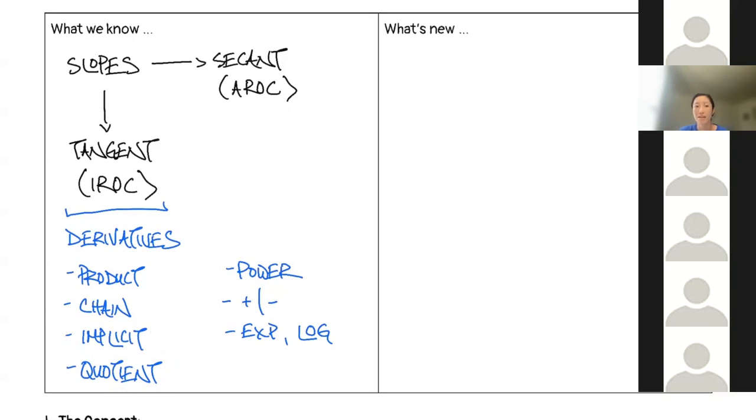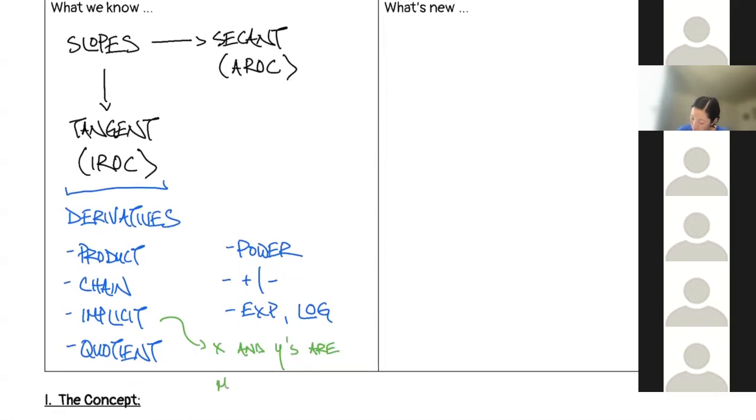A lot of times I think about implicit differentiation and I think about the cases where the x's and y's are mixed together. So in other words, like those questions where the x's and y's are kind of stuck together, it's really hard to get the y all by itself. That would be a really good time to use implicit differentiation. Okay. What about chain rule? When do we know we need to use chain rule?